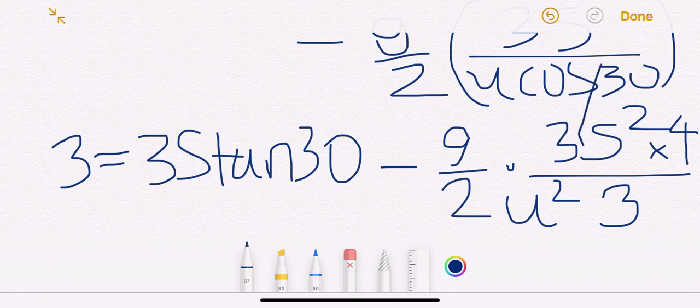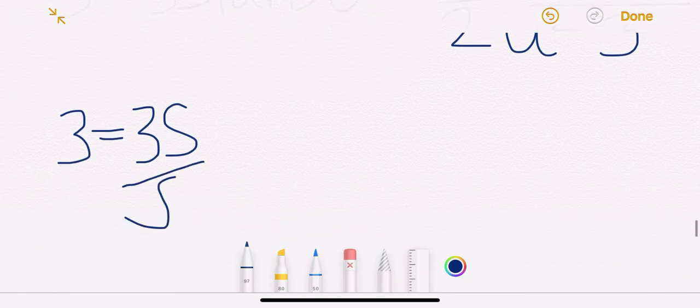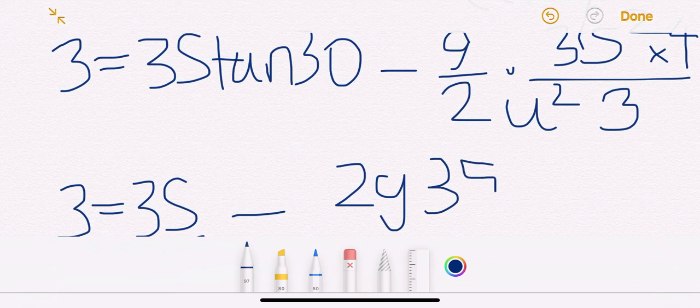So what we end up getting is 3 equals 35 tan 30, and tan 30 is 1 over root 3. So 3 equals 35 divided by root 3 minus 2g times 35 squared all over 3u squared.